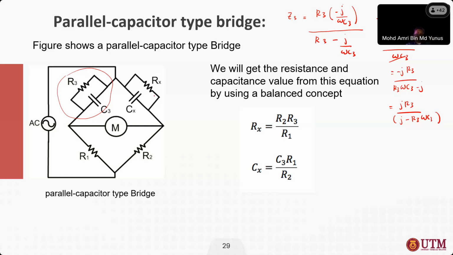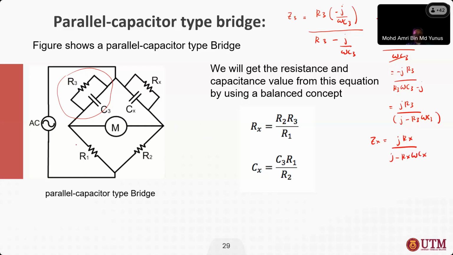Similarly for Zx, it will be j Rx, the parallel product, over j minus Rx omega Cx.